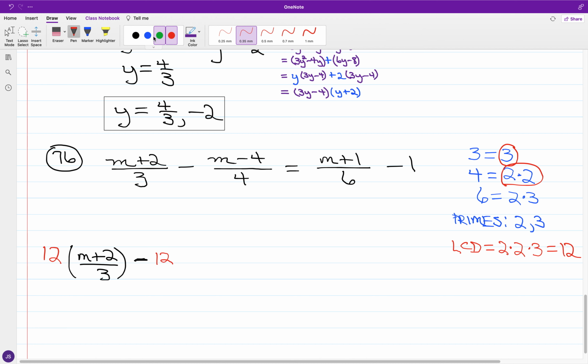You got 12 times m minus 4 over 4, and that is equal to 12 times m plus 1 over 6, and we got minus 12 times 1.